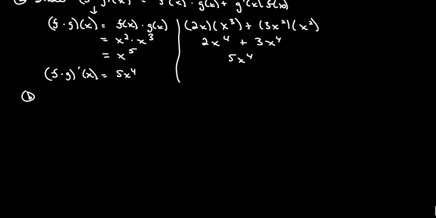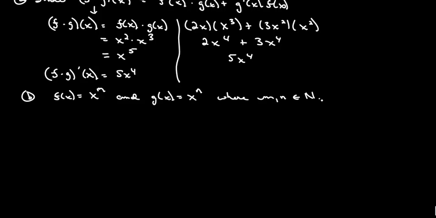For part B, it says verify that the product rule works for the following. So let's let f of x be equal to x raised to the m, and g of x be equal to x raised to the nth power, where m and n are elements of the natural numbers.